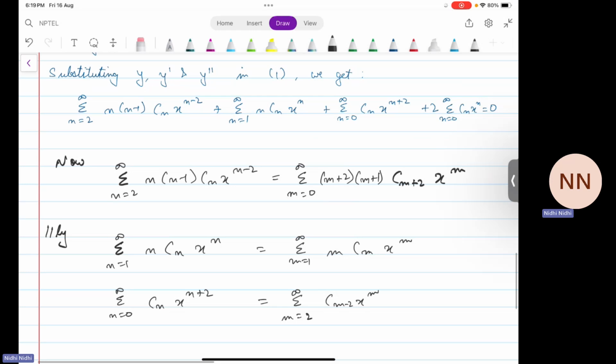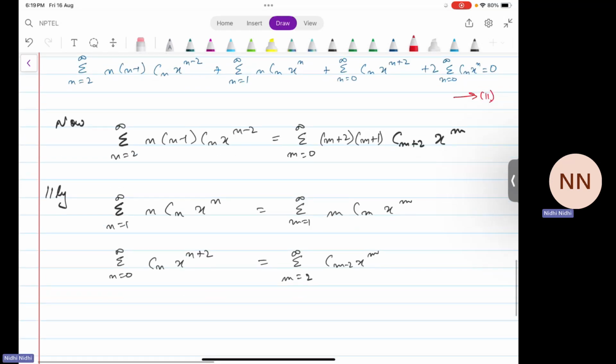So now we'll write our equation 2 in the form of a summation over m.